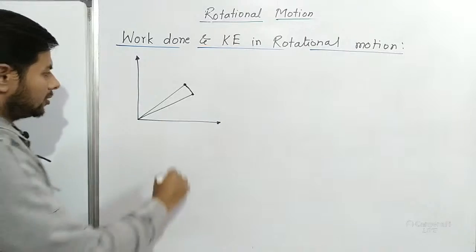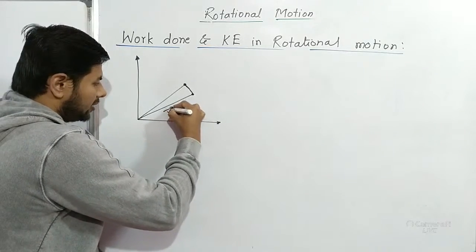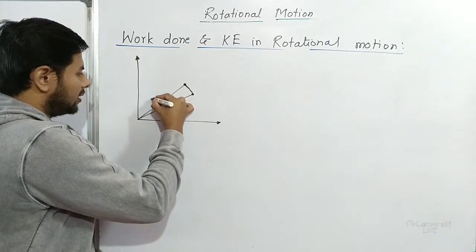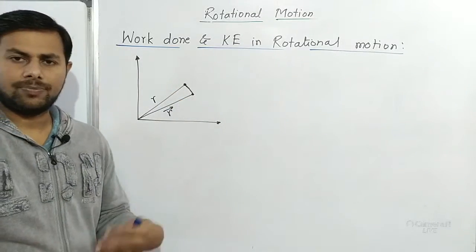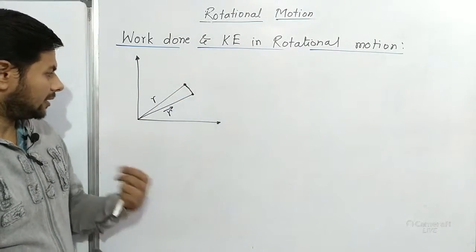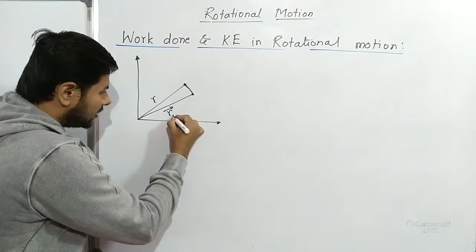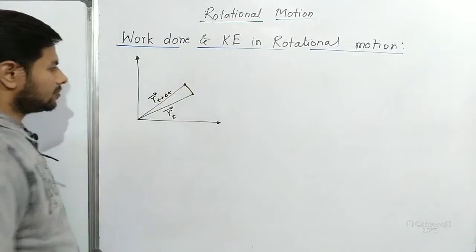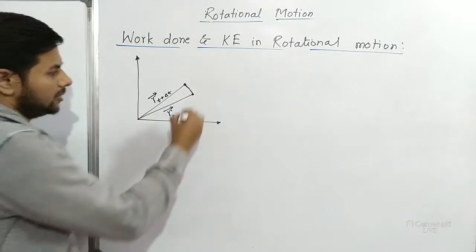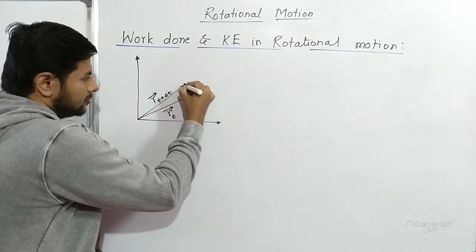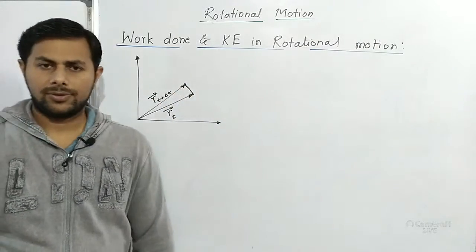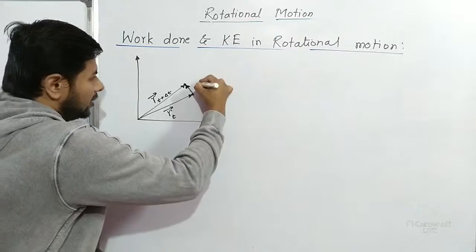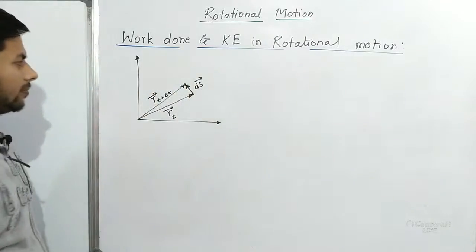So this is its position vector at time t, this is r bar at time t, and this is the position vector at t plus some later time, let's say delta t. So how much is the displacement? Of course this vector here is the displacement vector, so let's call it ds bar.